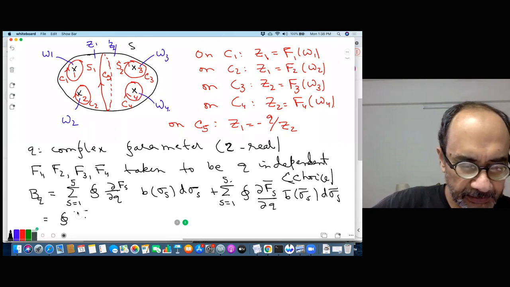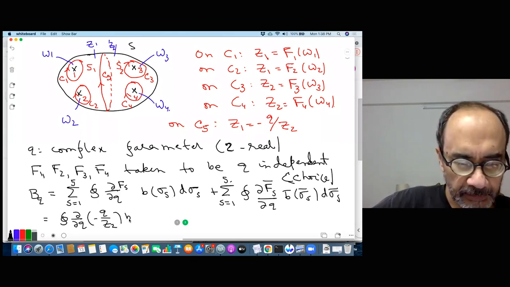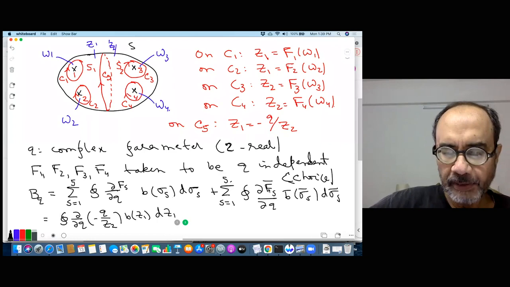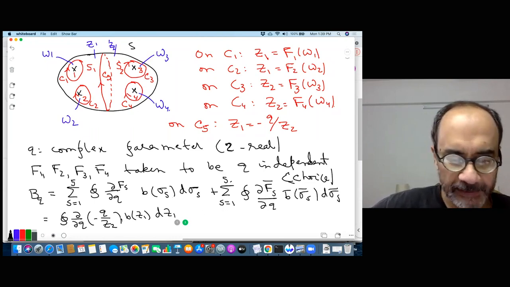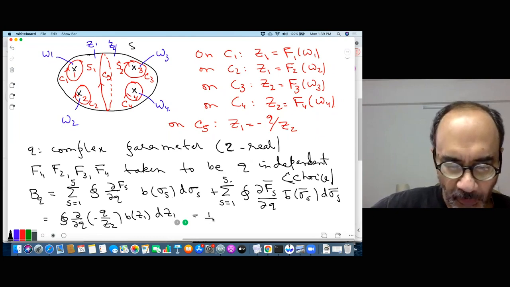So this, in this case, is integral del Q of minus Q over Z2 BZ1 DZ1. The anti-holomorphic piece is 0 because F5 bar is minus Q bar over Z2 bar, but of course del Q of Q bar is 0. Q and Q bar can be taken to be independent. So only this remains. So this is just minus 1 over Z2, which is Z1 over Q. So this I can write as 1 over Q integral Z1 BZ1 DZ1, along C5.